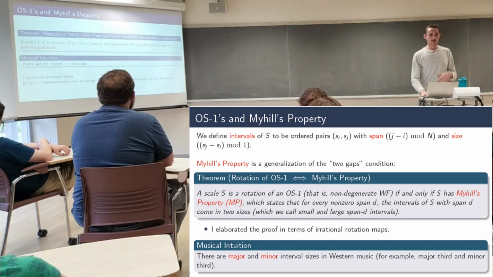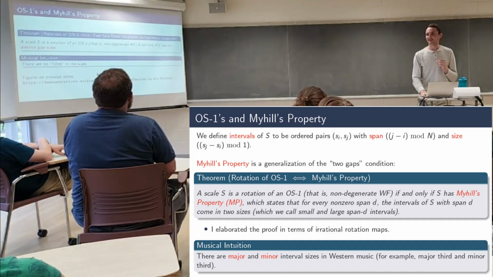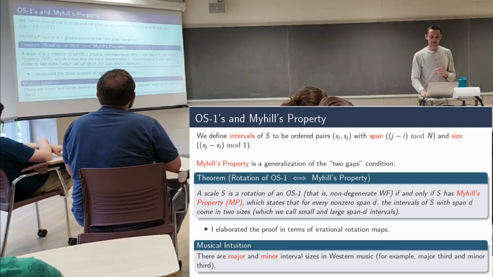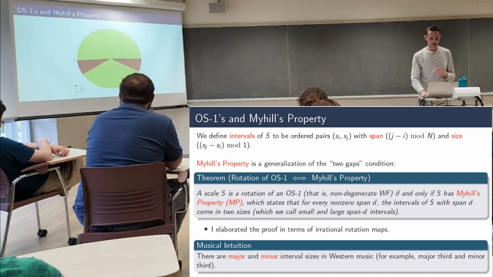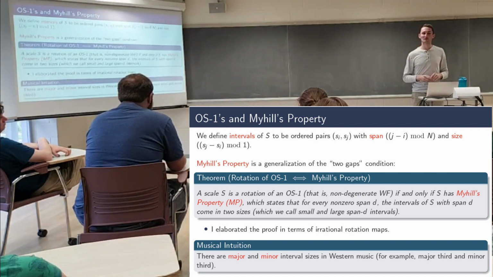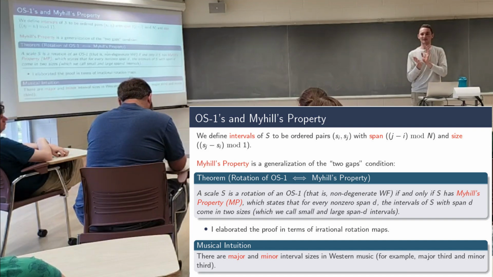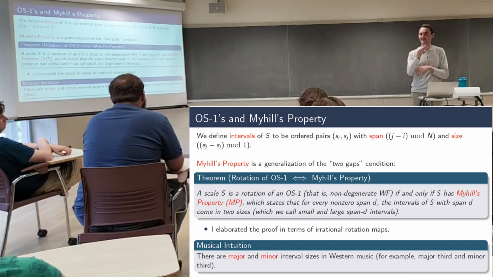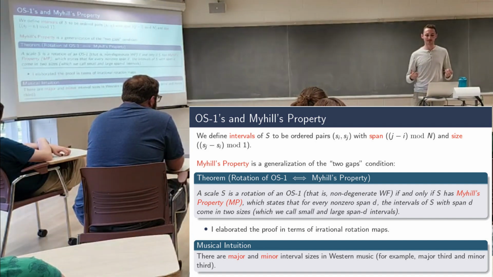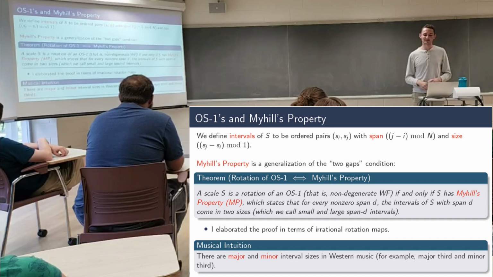Yeah, and then now we can generalize this into what's called Myhill's property. So instead of just looking at adjacent pitches, we look at pitches an arbitrary number of pitches away from each other, which we can formalize by defining intervals of the scale to be ordered pairs of 2 pitches in the scale.